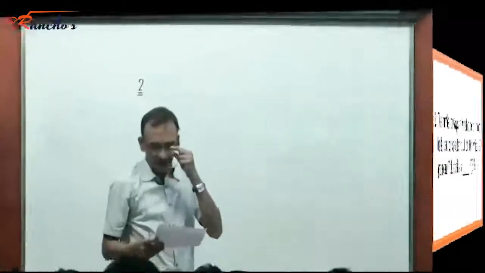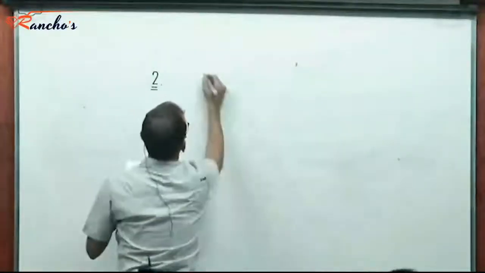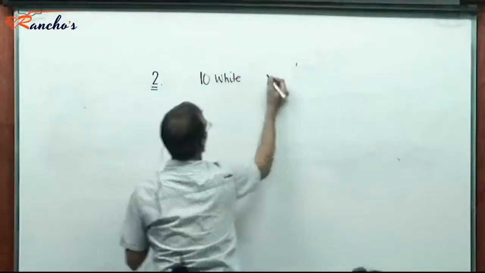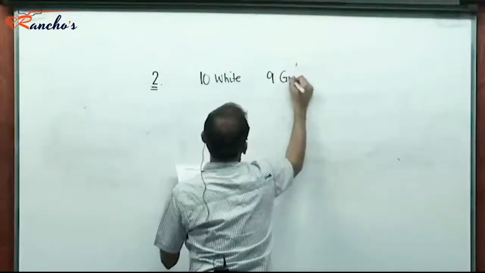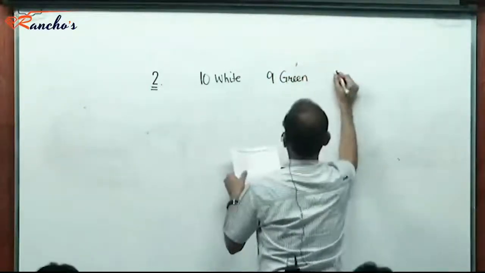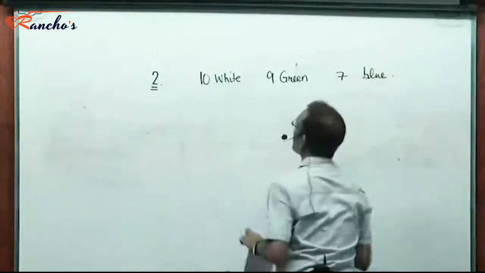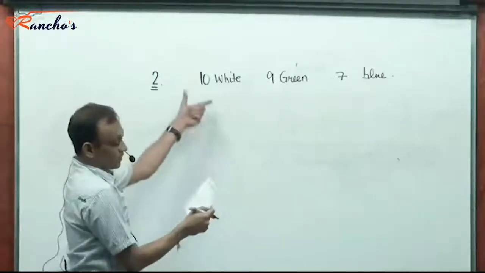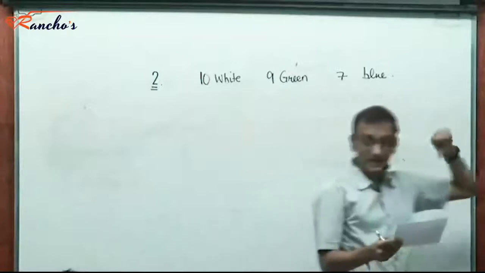Number of ways in which one or more balls could be selected from 10 white balls, 9 green balls, 7 blue balls. We will assume that the 10 white balls are identical, the 9 green balls are identical, they're all identical essentially.